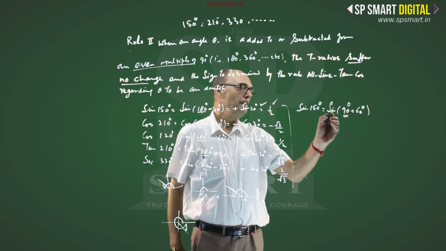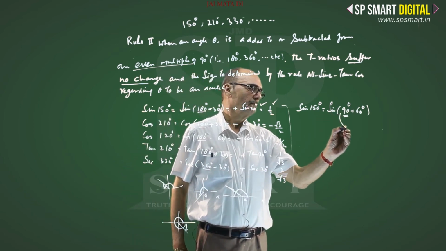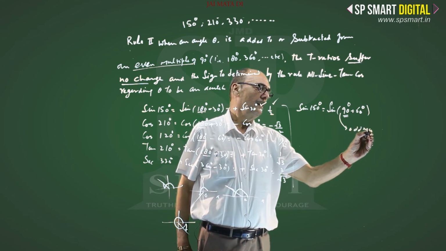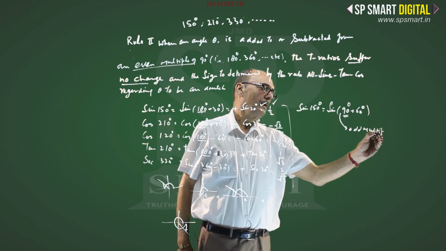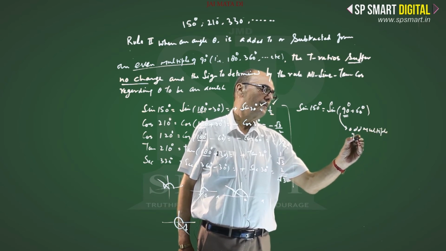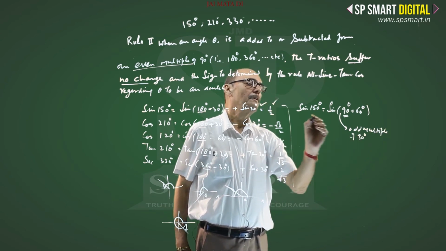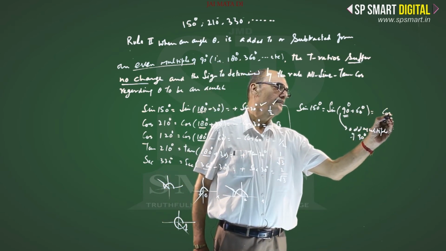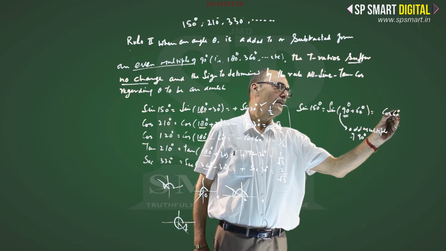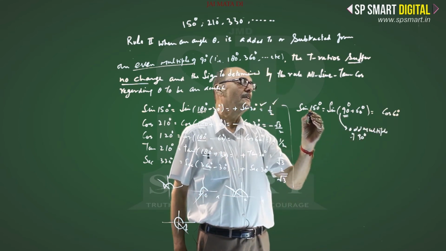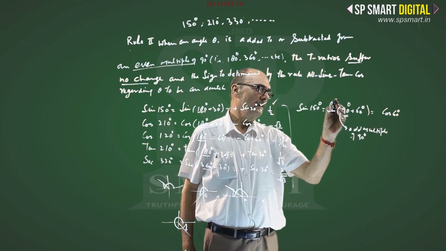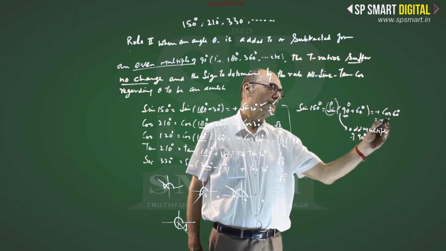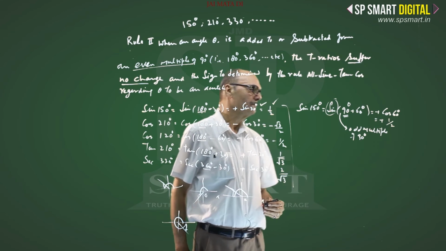It is an odd multiple of 90 degrees. So, in this case sine will change into its co-ratio cos of 60 degrees, and it lies in the second quadrant where sine is positive, and cos 60 degrees is 1 by 2.